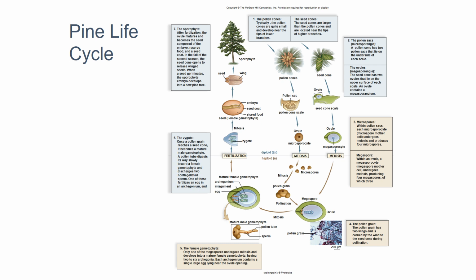And eventually you'll end up with a sporophyte after you get fertilization, and the ovule is going to mature and become the seed, composed of the embryo, reserved food and a seed coat. And basically the seed cone is going to eventually release these winged seeds. And when the seeds germinate, the sporophyte is going to develop into a new pine tree. So, kind of a long process.